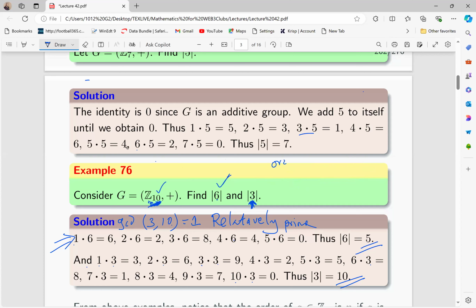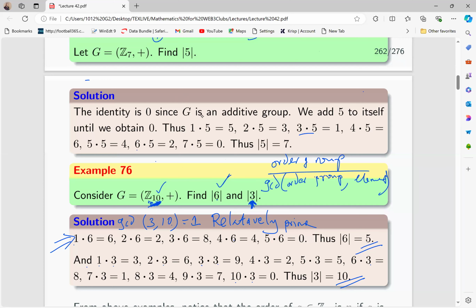So the order of the group divided by the GCD of the order of the group and the element we are looking for.